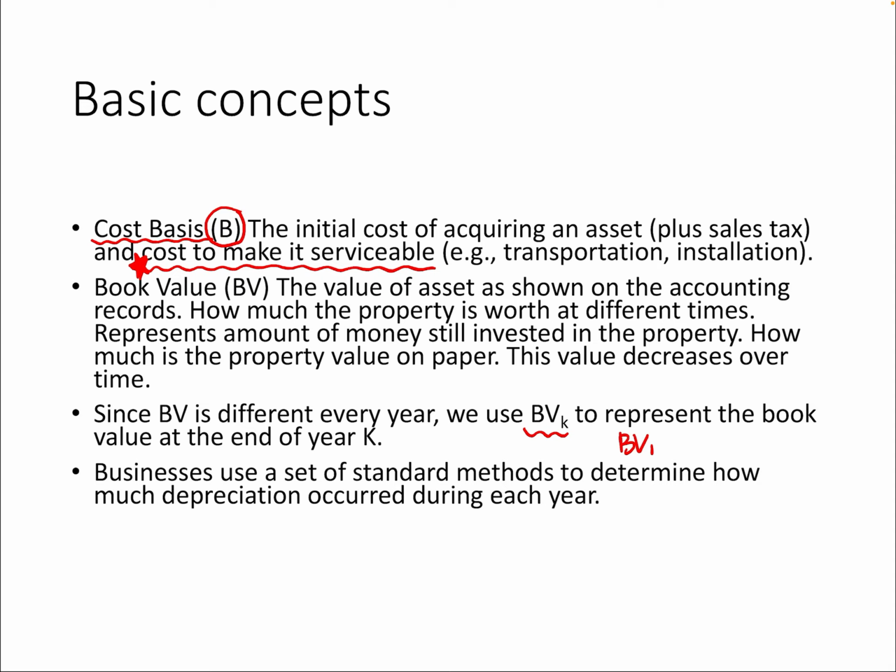And the book value at the end of the sixth year will be BV6. So k is the year you're looking at. And businesses use a set of standard methods to determine how much depreciation occurred during each year. So there are a set of methods we can use.